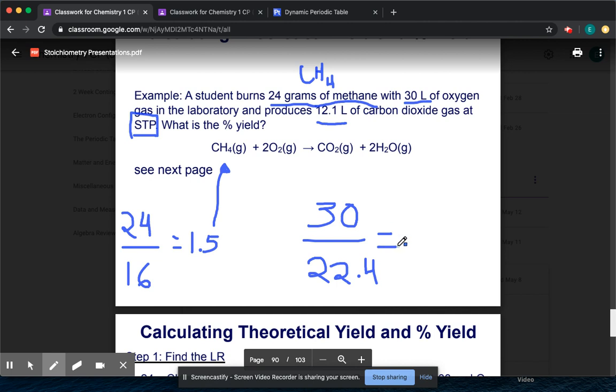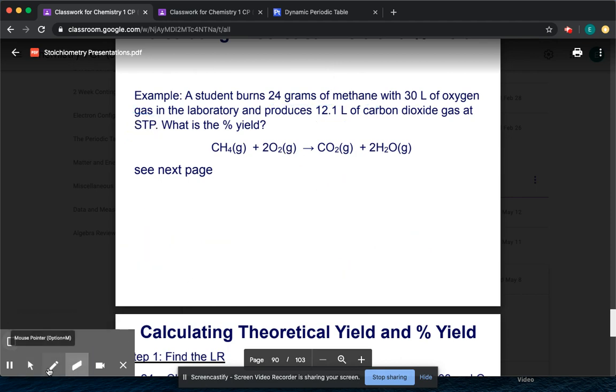And if you do that, we get, I'm going to round this, 1.34. Okay. So let me get some space. So this is 1.5. And this is 1.34. That's moles, okay?